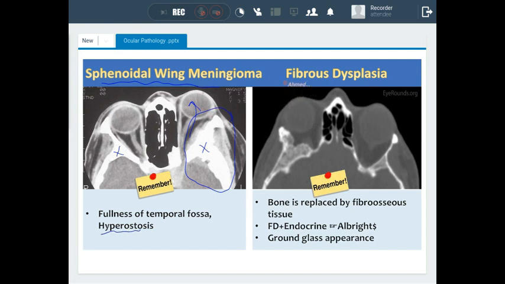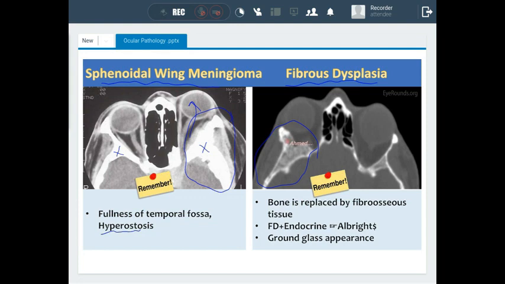This shouldn't be confused with fibrous dysplasia. For fibrous dysplasia, again, it is an affection of the sphenoidal bone, or greater wing of the sphenoid, but there is a marked difference between fibrous dysplasia and the sphenoidal wing meningioma. Because in fibrous dysplasia, there is no laying down of calcium, or no laying down of bone.